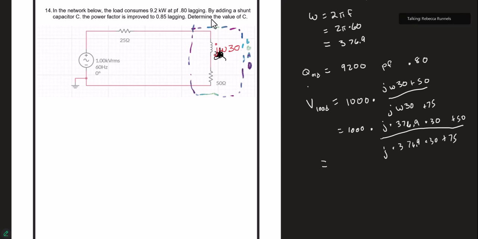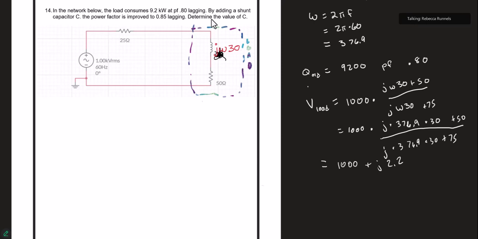I get 1,000 plus j 2.2, and I made the problem up. How does that happen? Oh, I know how it happened. Yeah, because this is almost 1.